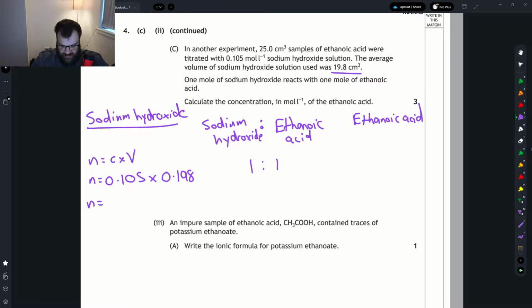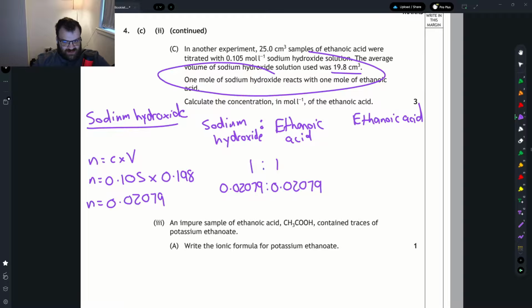Pop them together. Gives us 0.02079. Now, when we've got a ratio of 1-to-1, that will do nothing to the number. I would still have it here just to make sure that we've thought about the ratio, rather than just presuming it's 1-to-1. It is here, so that's all good.